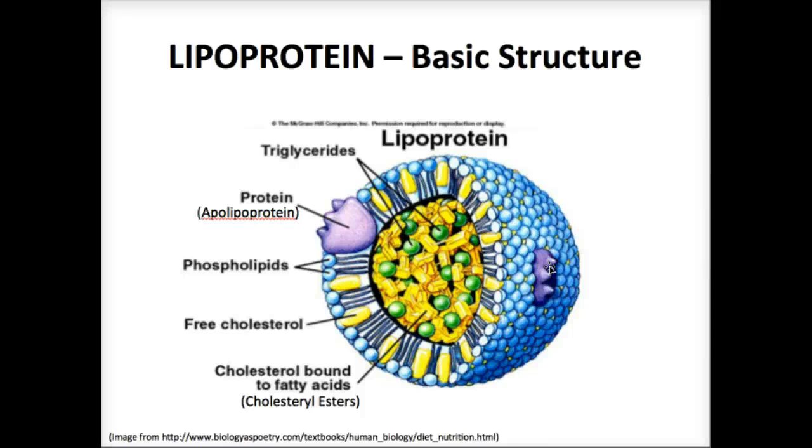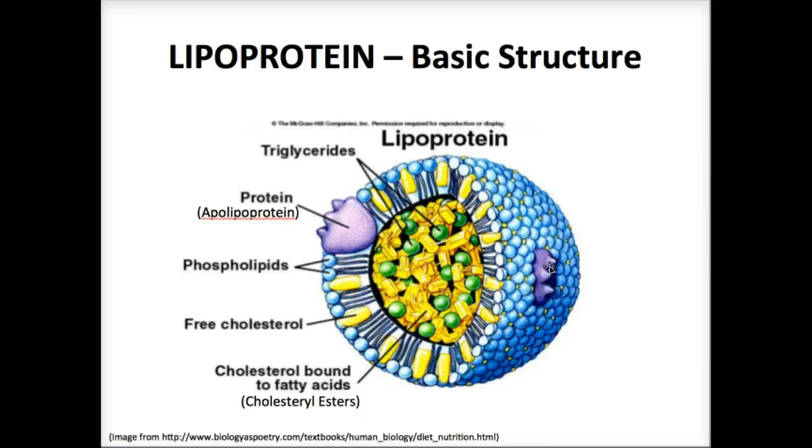And the important thing to keep in mind here is that the four different types of lipoproteins, chylomicrons, VLDL, LDL, and HDL, differ from each other in two significant ways. Number one, they differ in their lipid to protein ratio. And number two, they differ in the types of apolipoproteins occurring on their membranes.